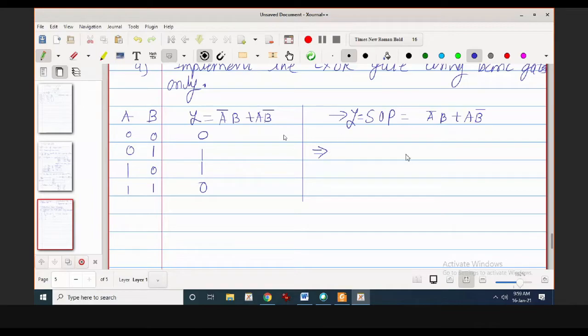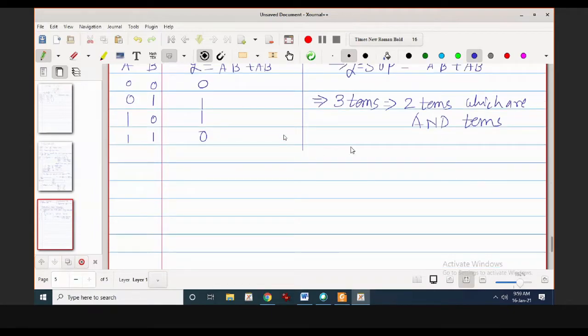So what I am supposed to do is look at the SOP. The SOP has basically 3 terms. Now you say that no, there are only 2 terms. I'll let you know there are 3 terms. Out of these 3 terms, there are 2 terms which are AND terms, and one term which is the OR term.